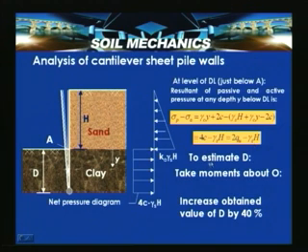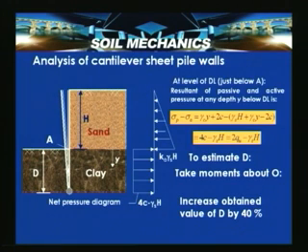To estimate d, take moments about point O. Once we get this, the net pressure diagram is Ka gamma_s h, that is due to sand, and 4c minus gamma_s h. So to estimate d, take moments about O and increase the obtained d by 40% to safeguard against excessive dredging or scour or any weak pockets in the soil.